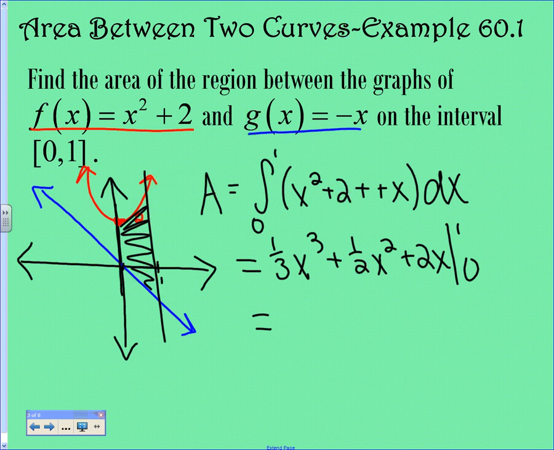Okay, you plug in 1. So you'd get 1/3 plus 1/2 plus 2 minus what? If you plug in 0, you get 0. So 1/3 plus 1/2 plus 2 is 17/6.